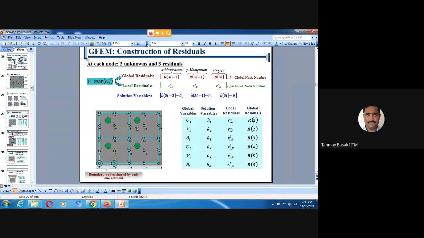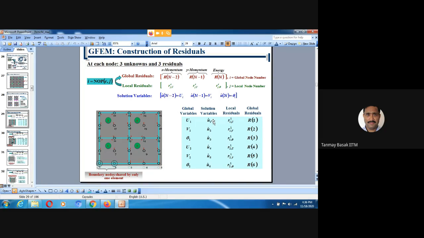In that case, we can see that there are solution variables. You have a total of 75 solution variables, and for the first node the global variables are u1, u2, u3. That corresponds to the solution, because remember that you have the nonlinear algebraic equation at the end, and the Jacobian matrix size will be 75 by 75.